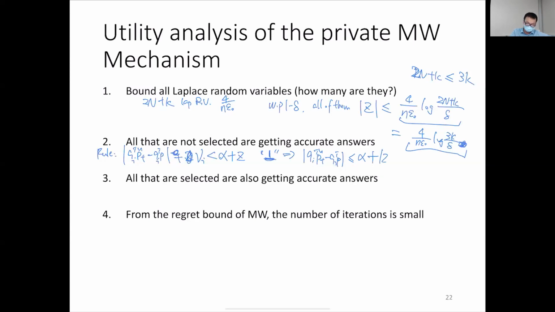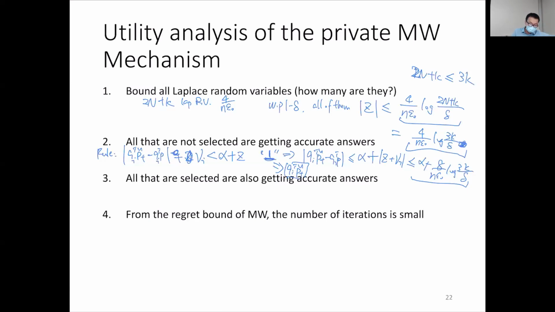So the absolute value of z plus nu i is smaller than alpha plus 8 over n epsilon 0 log of 3k over delta. Okay, so your error is this large. And why does this matter? Because once the query is not selected, we don't think it's above threshold, our output is simply to use the synthetic data, p tilde t. And what this shows is that the synthetic data is accurate. It is smaller than this quantity.